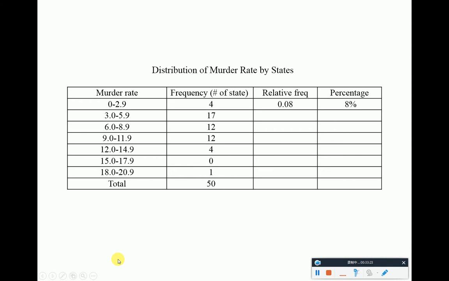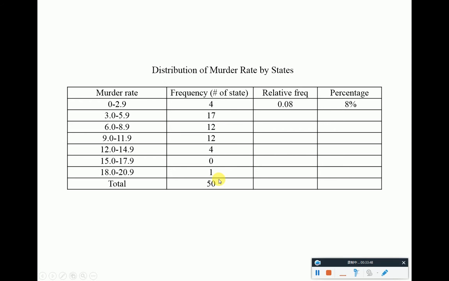So now we can start to complete this table, right? So in the previous attempt, we only had the absolute frequency, or the frequency counts, right? There are 4 states, 15 states that have a moderate score falling in this interval. 12 states have moderates falling in this interval.